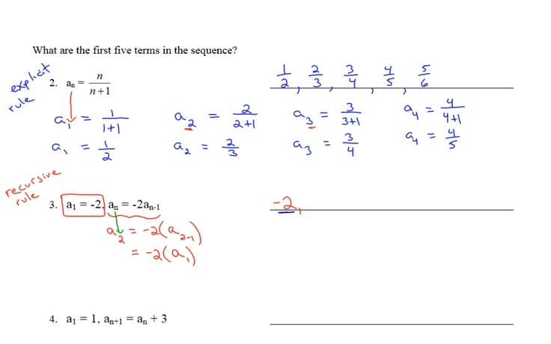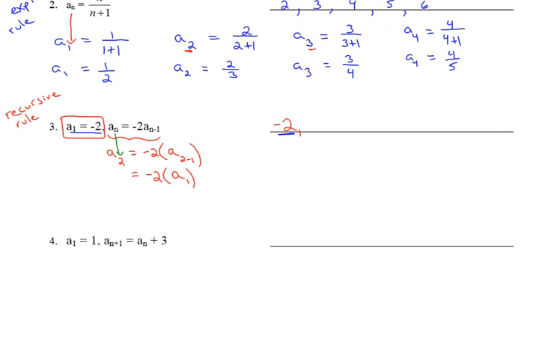I know that A sub 1 is negative 2. So I'm going to substitute negative 2 in for A sub 1. And negative 2 times negative 2 is positive 4. So the second term in my sequence, A sub 2, is positive 4.